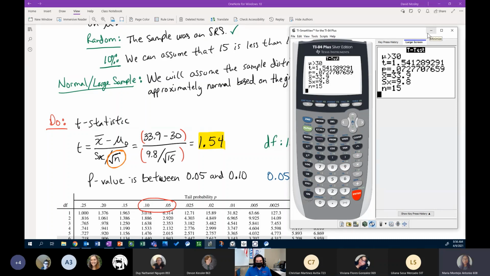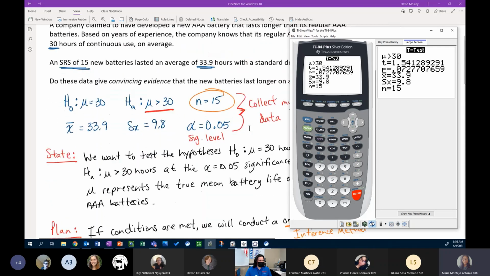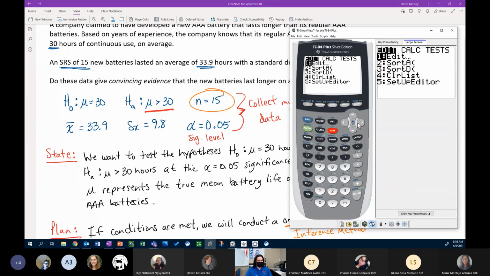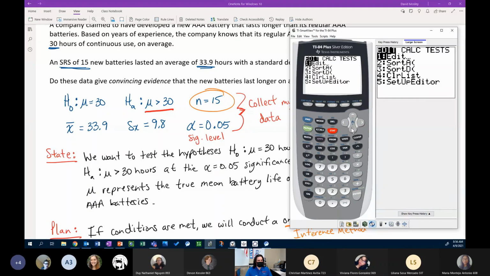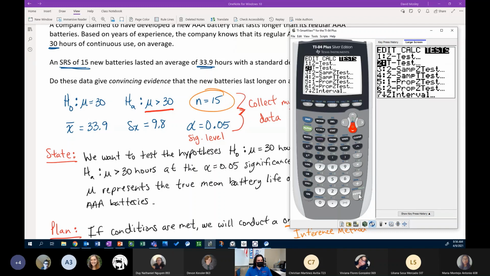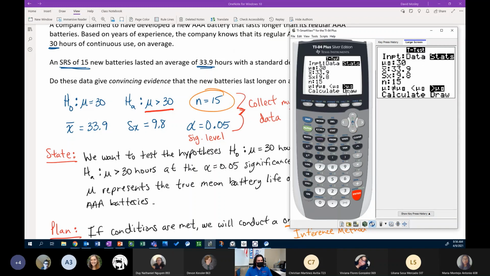How do you know when it's greater or less? Like which one are you going to choose? So that's based on our hypotheses, right? Our alternative is that mu is greater than 30. 30 is our mu sub 0, our null hypothesis. And so in the calculator, when we set up our test, I'm going to select the greater than mu 0.